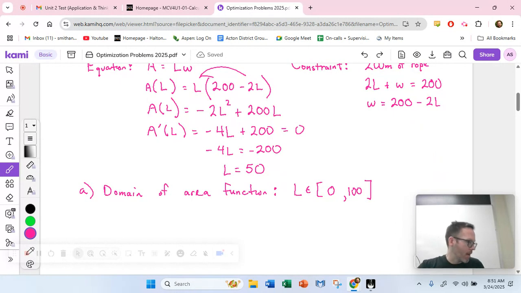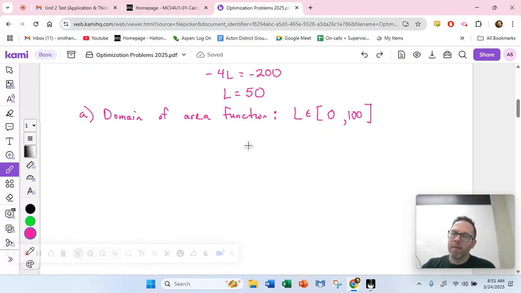So let's continue here. Let's just pretend that we didn't know that those two endpoints give us silly looking areas. Let's apply the extreme value algorithm. We know that the biggest swimming area possible will occur at the endpoints, so when length is 0, or at any critical points.